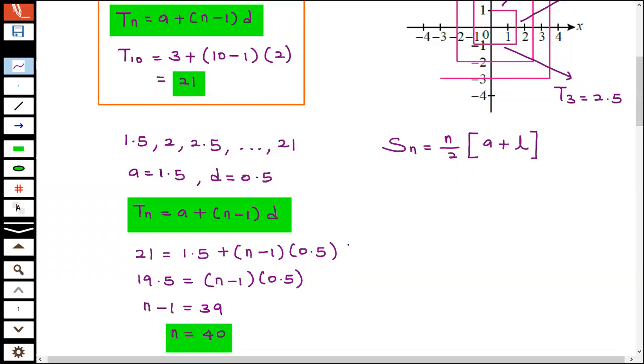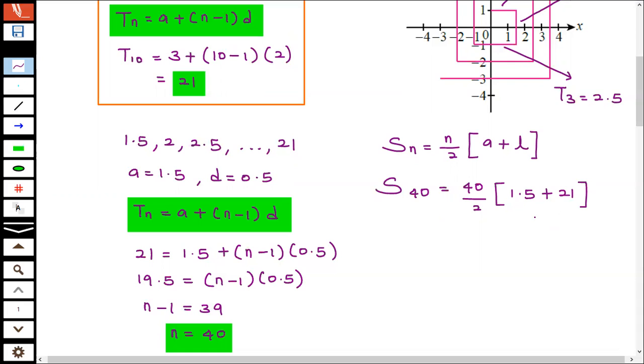After that, I'm going to proceed to the final stage of this question. I'm going to get the total S40, sorry guys, S40. So you just substitute 40 over 2, times a plus l, right? a is 1.5, your l is 21, so 21 plus 1.5, times 20.